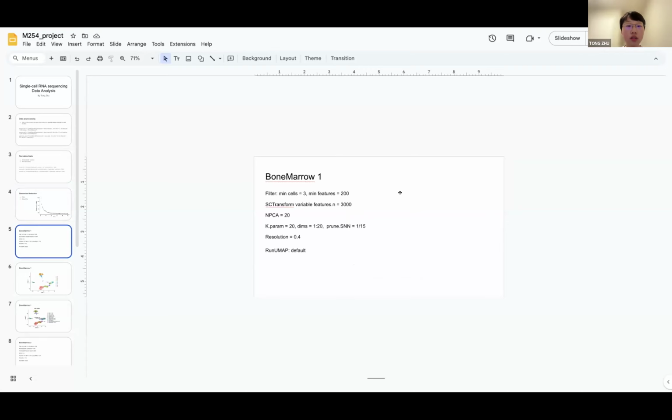So here are the parameters I chose for the bone marrow dataset. I did try different parameters, like different resolutions, but I think these are the optimal ones I chose in the end. I tend to choose a relatively smaller resolution because I want more compact, small clusters.